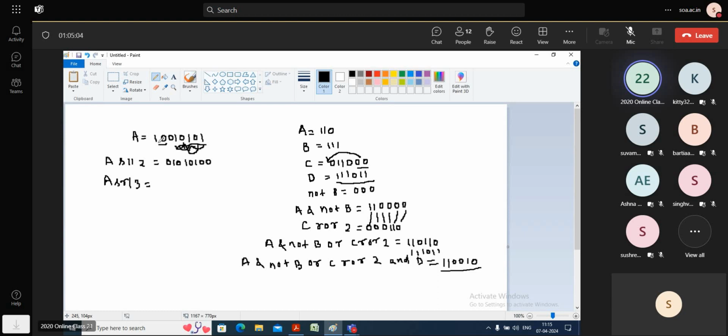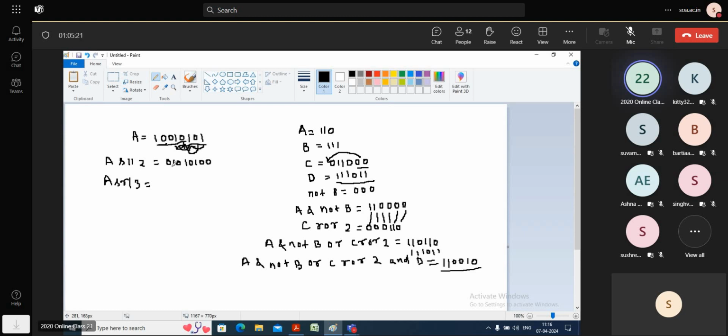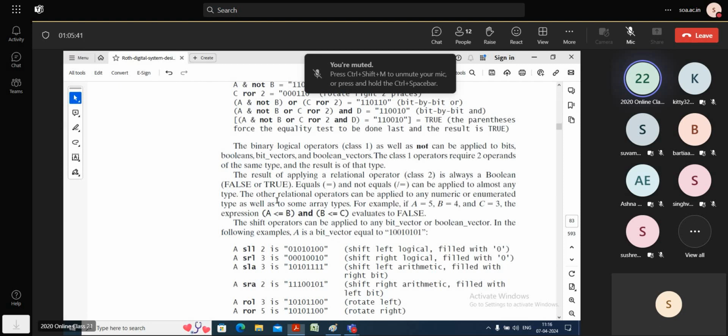Writing 1 0 0 1 0 1 0 0, the last 3 bits, 1 0 0, go away, and the rest is 1 0 0 1 0. The leftmost 3 positions will be vacant, so you fill them with 0. That gives 0 0 0 1 0 0 1 0. This is shift right logical SRL 3, by 3 positions. Whatever is vacant is filled with 0.